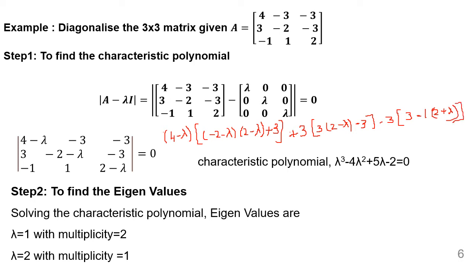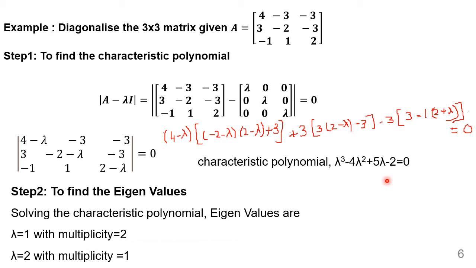That should be equated to 0. When I simplify this equation, I am going to get the characteristic polynomial lambda cube minus 4 lambda square plus 5 lambda minus 2 equal to 0.